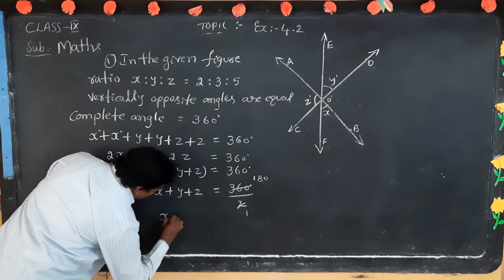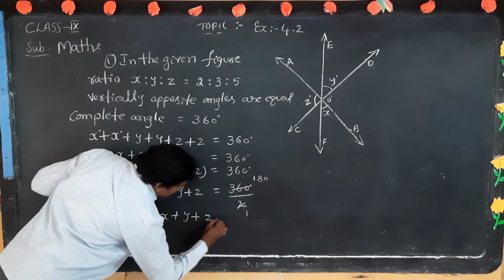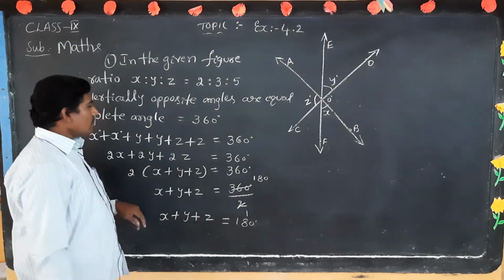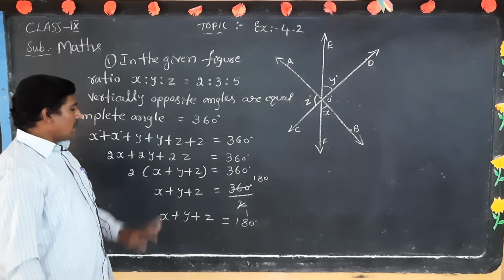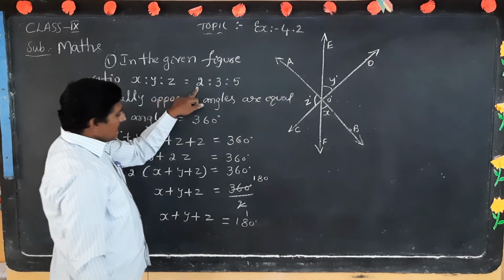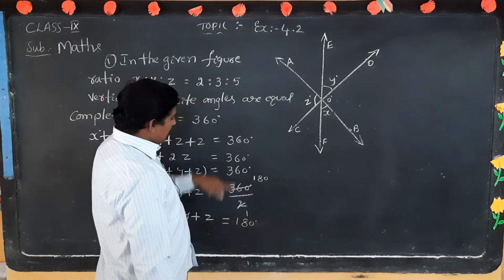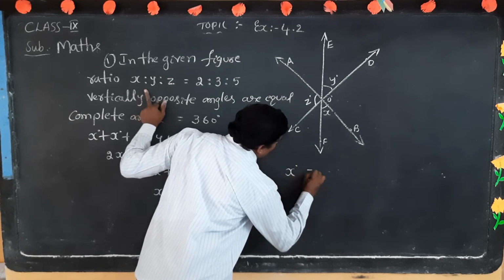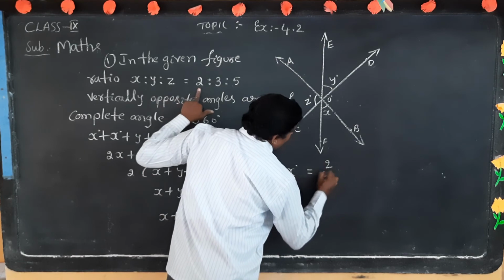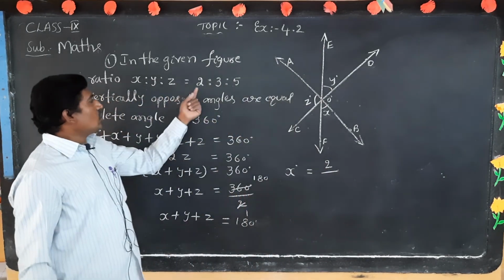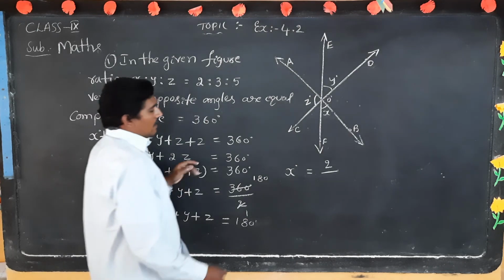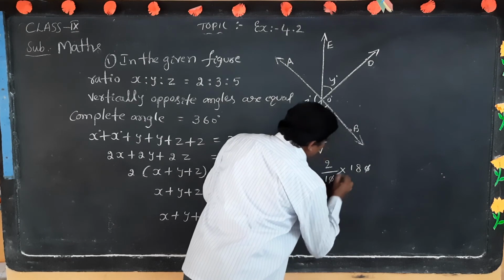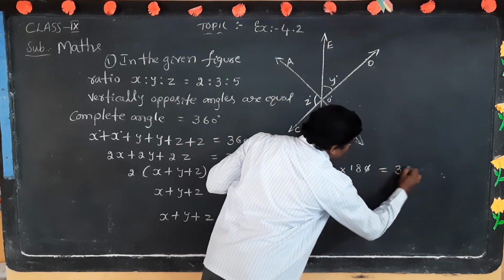So x plus y plus z is equal to 180 degrees. Adding the three angles x, y, z gives 180 degrees. Then x degree is equal to the x ratio, 2, by the sum of the ratio. The sum of the ratio is 2 plus 3 plus 5, which is 10. So 2 by 10 into 180 degrees. Cancelling the zeros, 18 times 2 is 36 degrees.